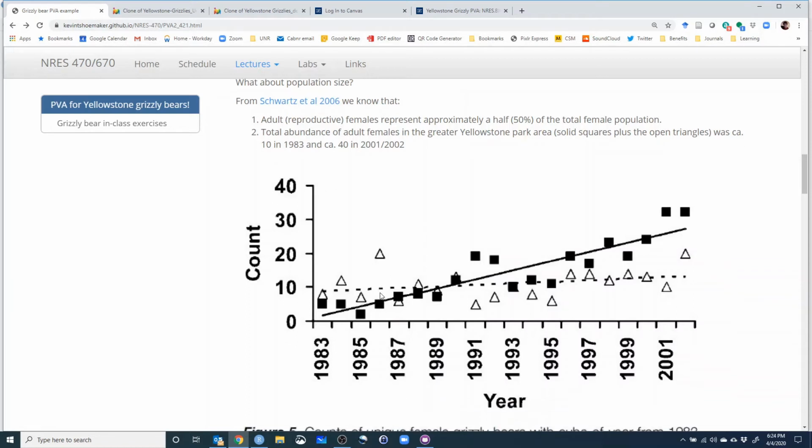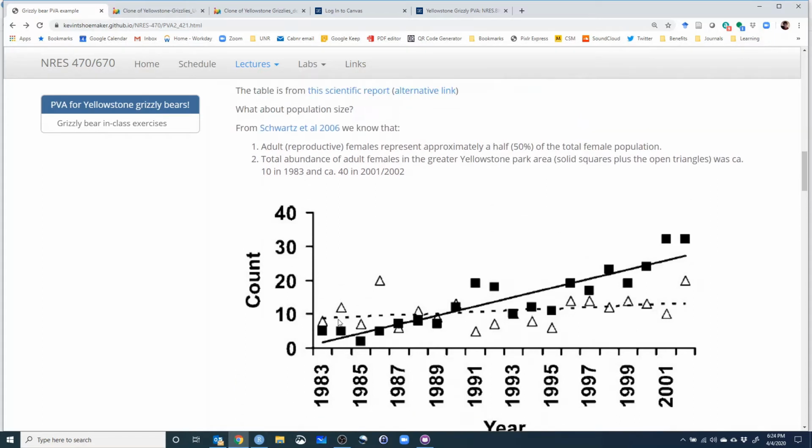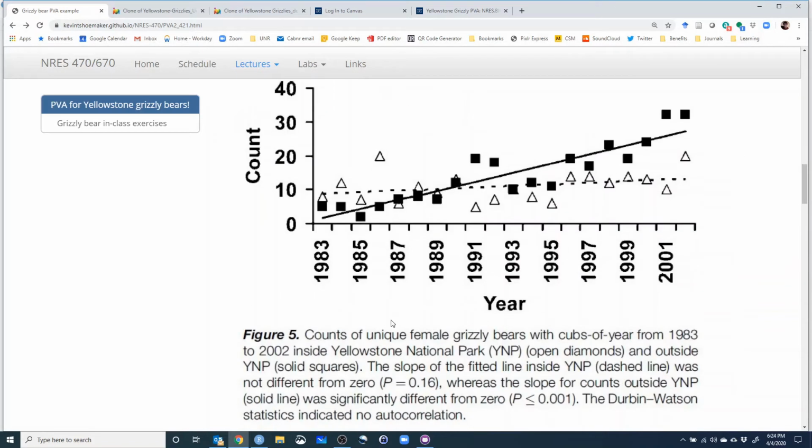If we look at this figure here, all we have to do is add up the triangles and the squares to get the total abundance, because the triangles represent those counts inside Yellowstone National Park, and the squares represent counts of reproductive females in the greater Yellowstone area.